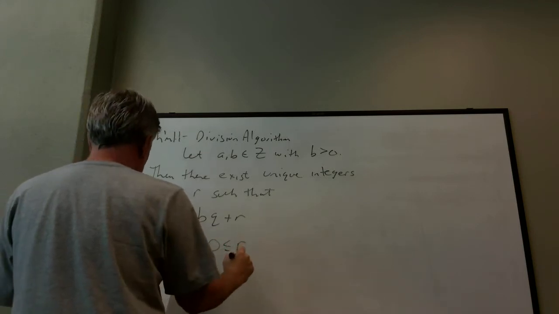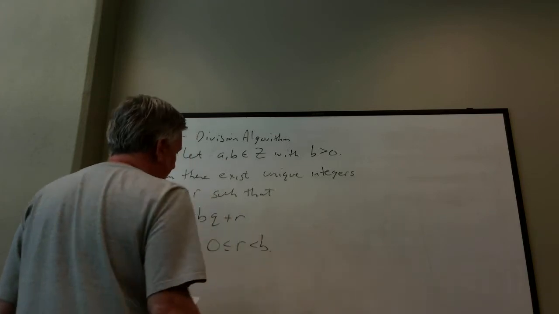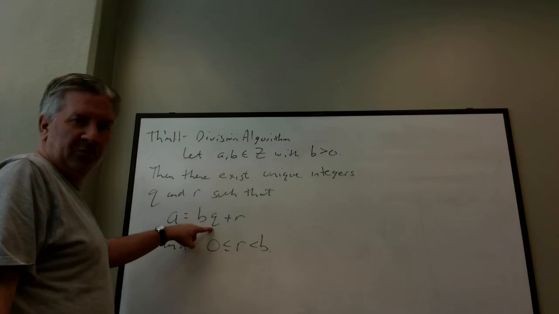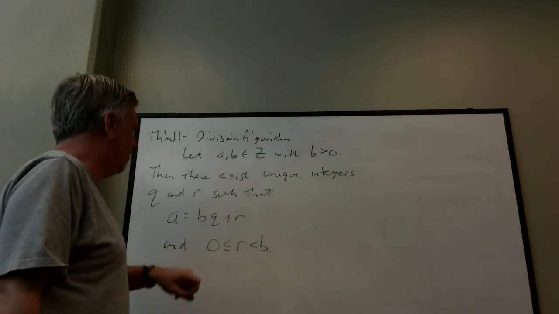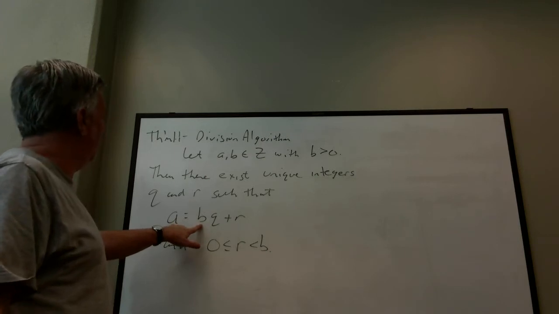It can be 0, but it's between 0 and b. It can be 0, but it's strictly less than b. Now, they're using q here for quotient and r here for remainder, so that will help you remember those. So a and b are the numbers you're starting with.